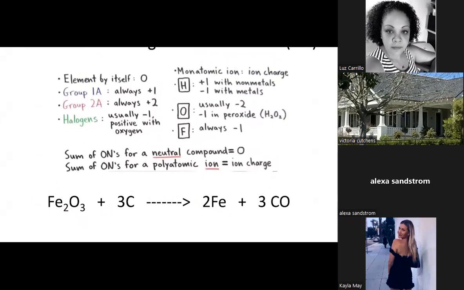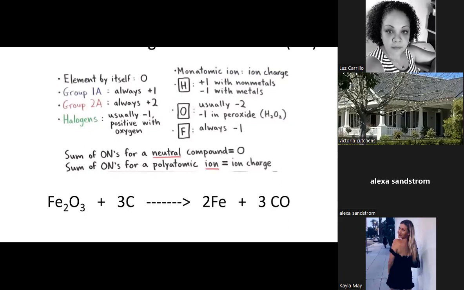So as you can see, if you have an element by itself, it has an oxidation number of 0, okay? The elements from group 1A always have a +1 oxidation number. Group 2A always have a +2 oxidation number. Halogens usually are -1, okay?